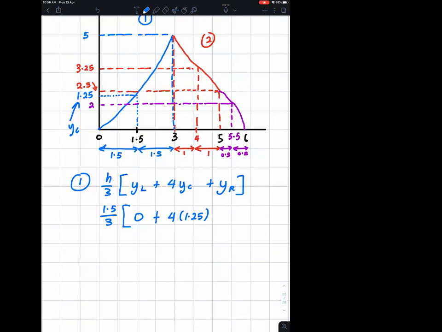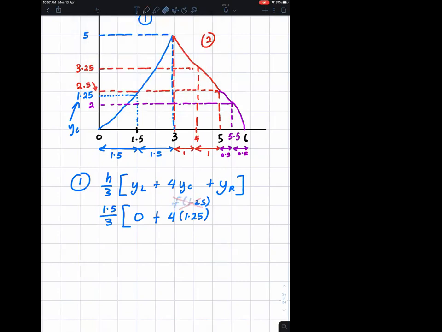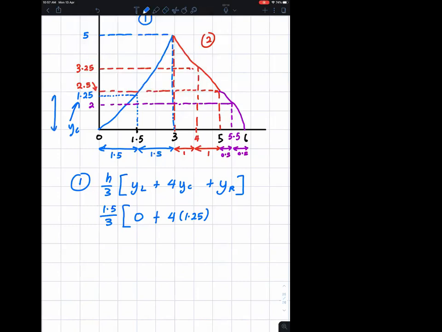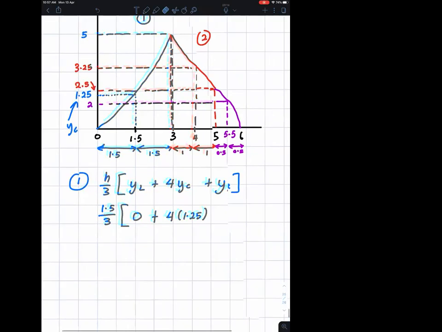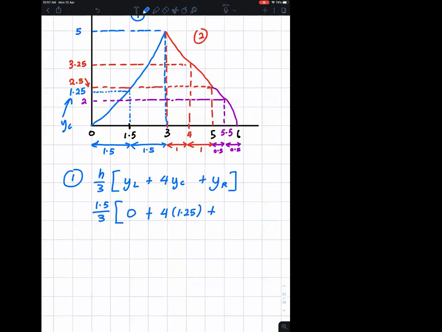I made a mistake in my notes. It's not supposed to be f of 1.25. We're going to get the value directly from here. The value from here is the height, which is 1.25, given to you. And then plus what?